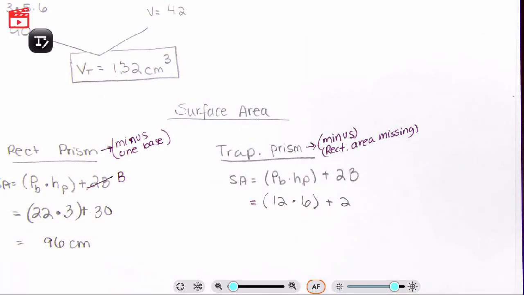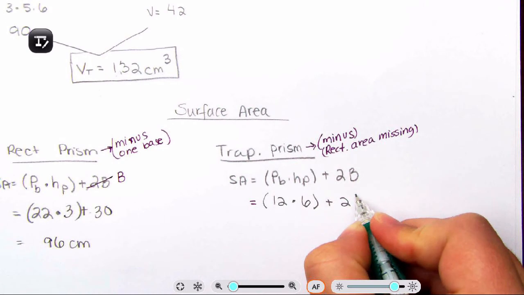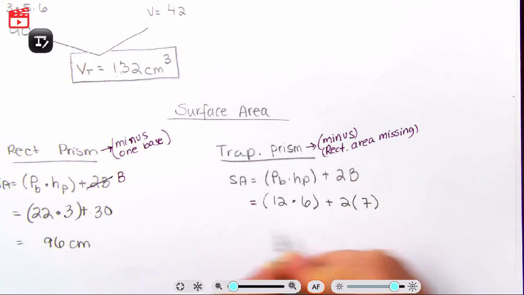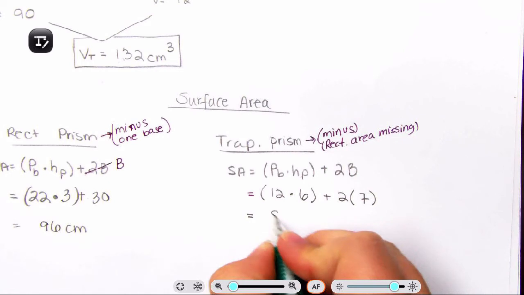Now, don't subtract the area of the base because that's not what's missing. We can get to both trapezoids, top and bottom. What we can't get to is this rectangle that's on the inside. So we have 2 times the area of the base, which was 7. Let's calculate that. 12 times 6 is 72, plus 2 times 7 is 14, so we have 86.